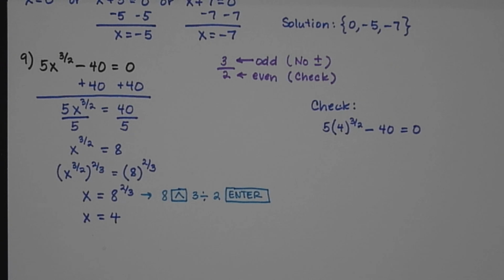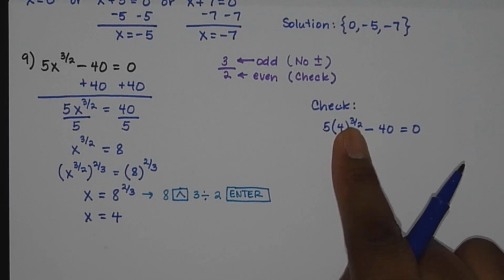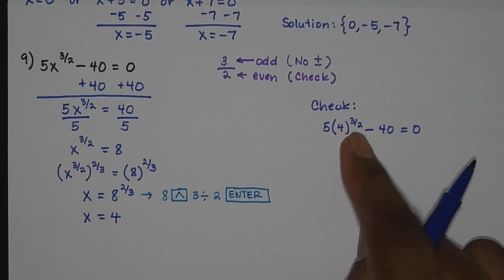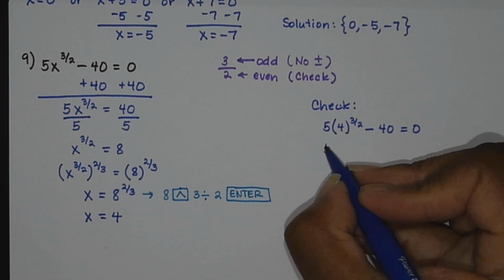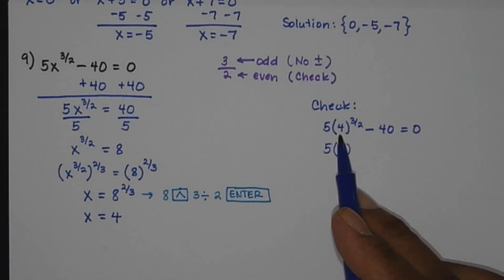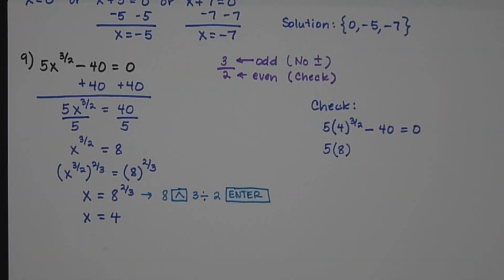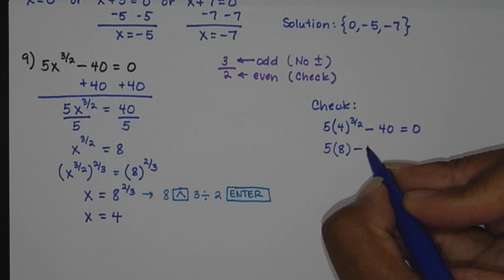Now, of course, order of operations is this. You have to do your exponents first. You have to do 4 to the 3/2, which is what? It's going to be 8. And of course, in the calculator, you can just do the 4, the hat key, and then 3 divided by 2, and then press enter. You'll get 8.